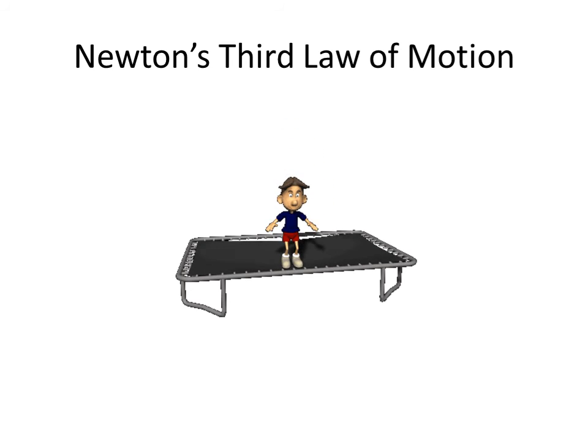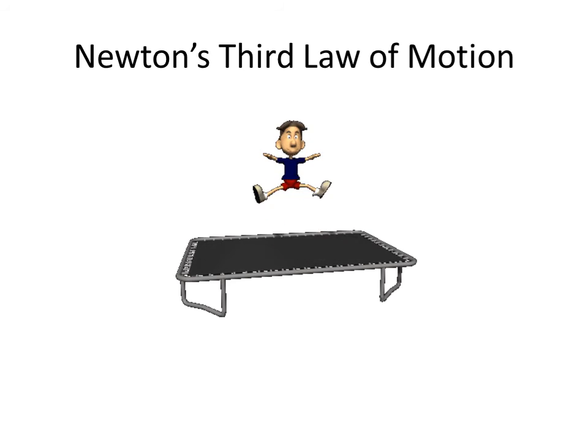The trampoline exerts a reaction force upward on the man. So the forces action and reaction are exerted on different objects. The man on the trampoline, action force. The trampoline on the man, the reaction force.